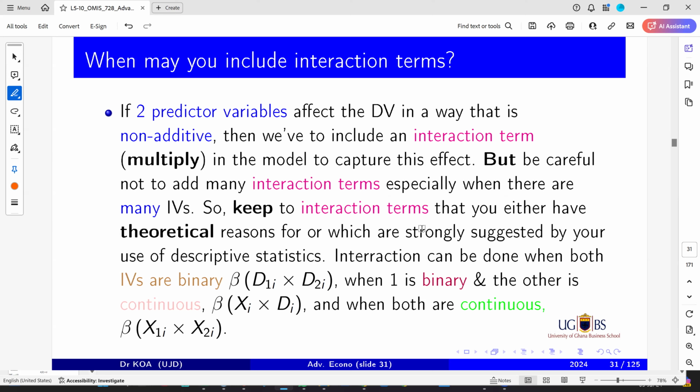But because the time dummy is binary, that is why you can actually apply interaction to the time. If you identify that a particular independent variable is a dummy, that variable can be interacted with another variable to see whether its interaction can make any difference.